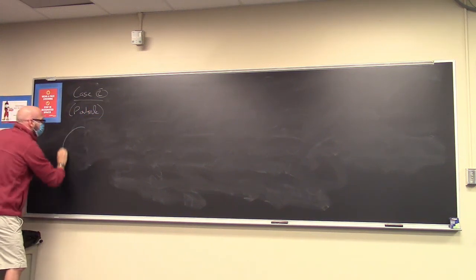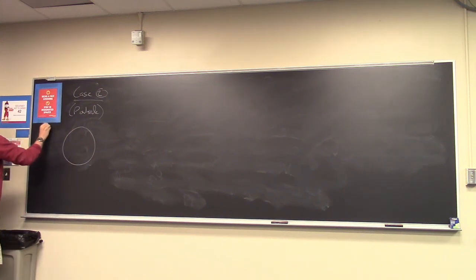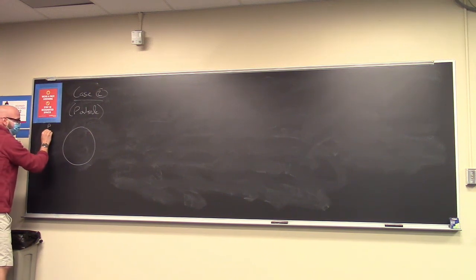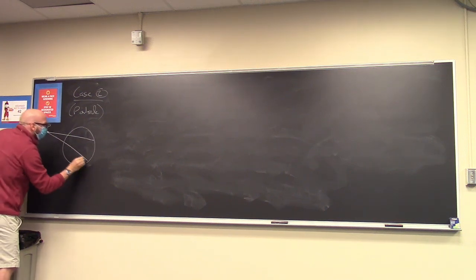So we're looking at a picture like this. We'll put P over here. We did specify, so when P was inside, you really could choose any line that you wanted, but I did specify these lines have to intersect the circle. So I'm not allowed to choose lines that don't, but choose any 2 lines through P that do intersect the circle. Let's say that one and that one.